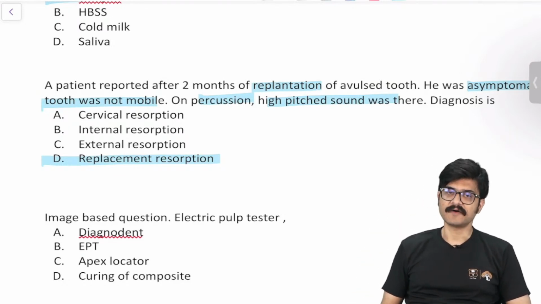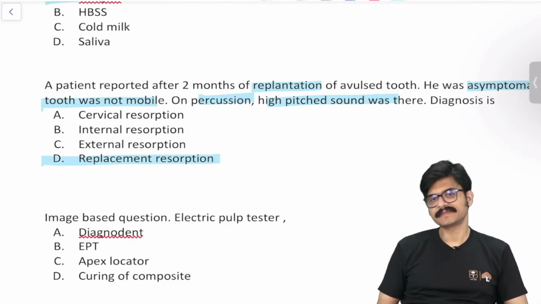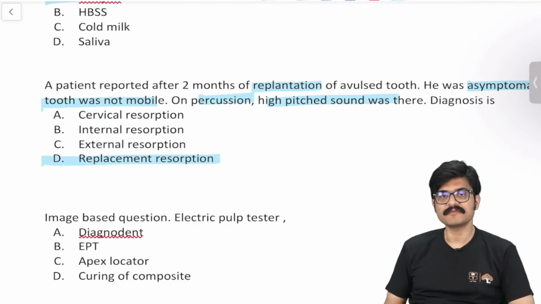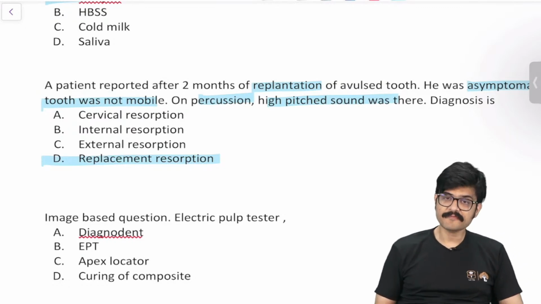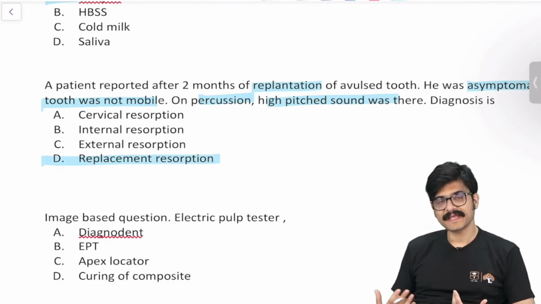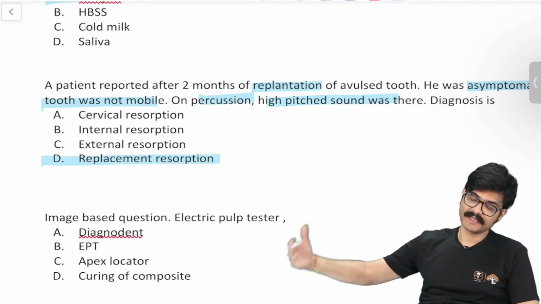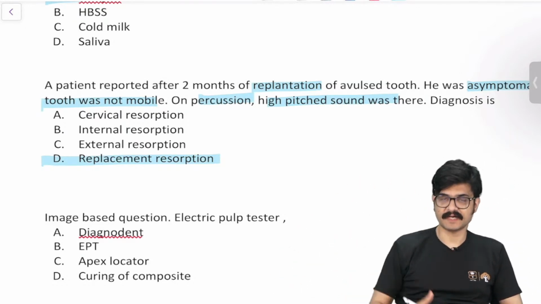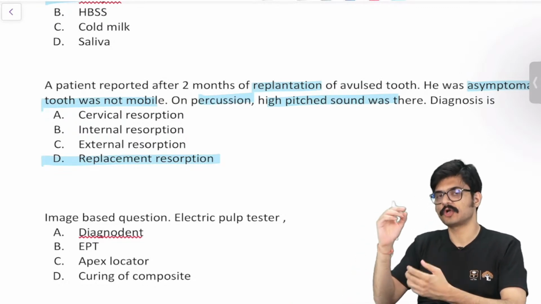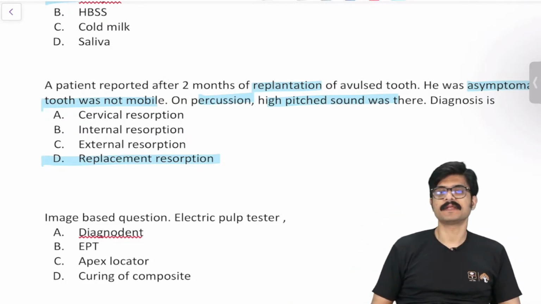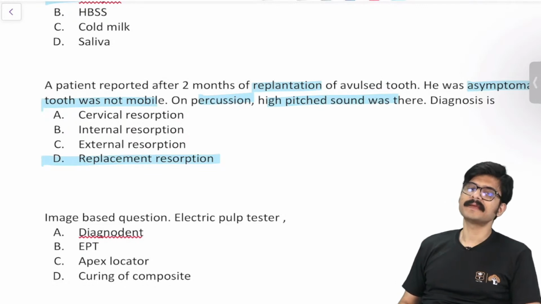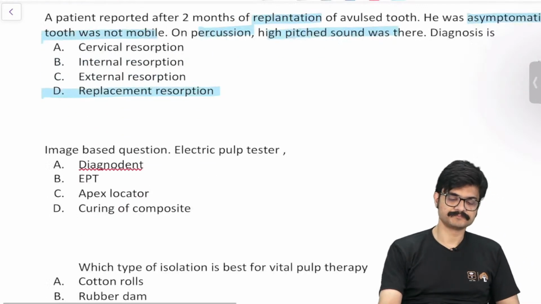Why? Because after traumatic injury, the first thing that takes place is external inflammatory resorption, right? If the tooth gets ankylosed in future, and the examiner mentions a high-pitched metallic sound or simply a high-pitched tone on percussion, then the answer becomes replacement resorption. The second best answer, of course, is external resorption.